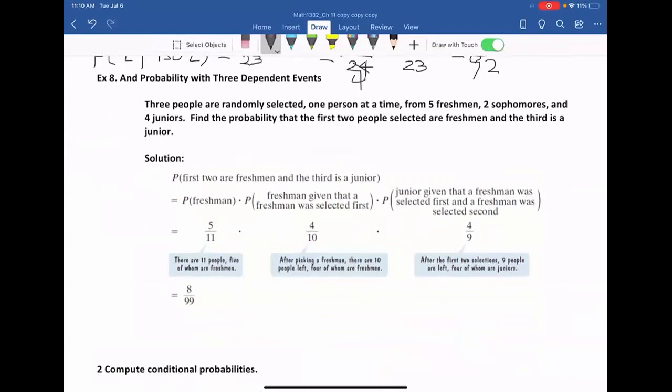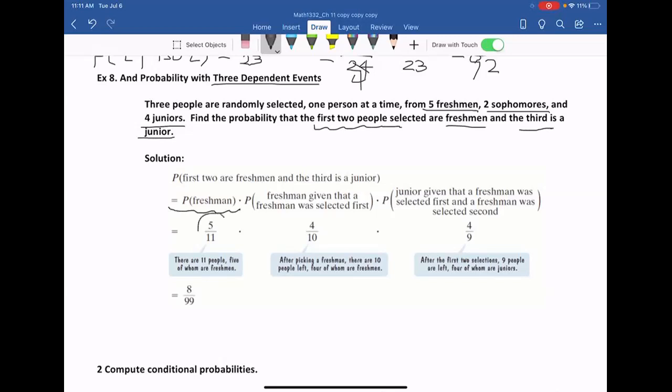And the probability with 3 dependent events is the same. 3 people are randomly selected, 1 person at a time, from 5 freshmen, 2 sophomores, and 4 juniors. Find the probability that the first two people are freshmen and the third is a junior. So the first one is a freshman.